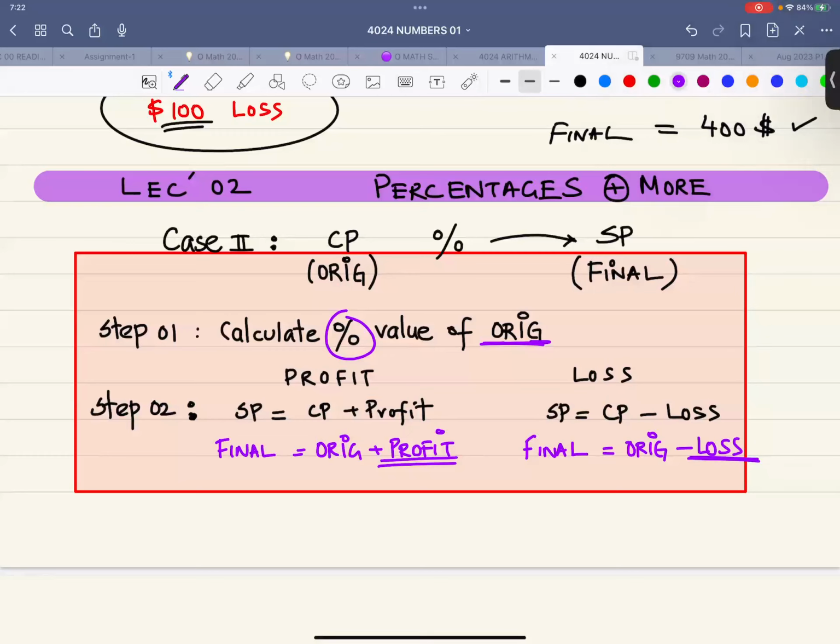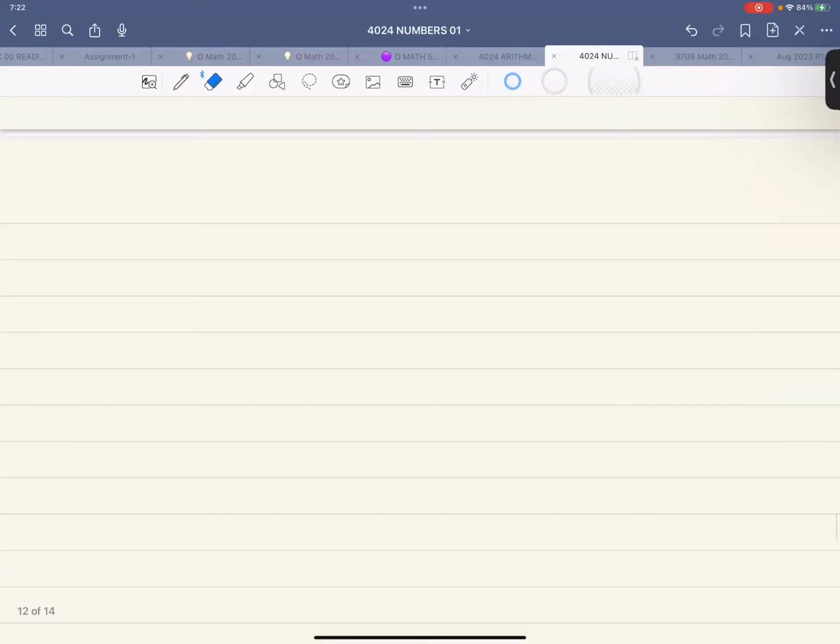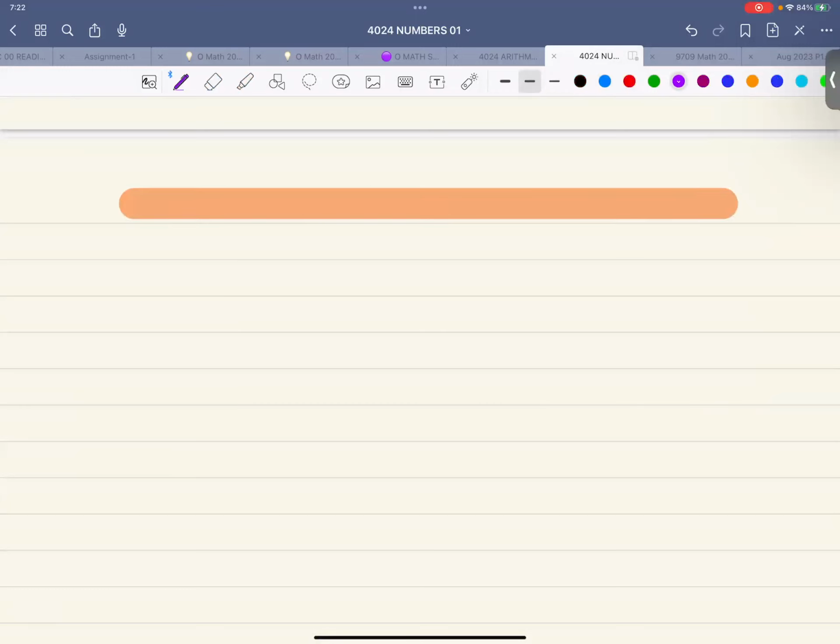Now, we have done case 2 using one method. Let's try case 2 once again using a new method. We are visiting case 2, in which the objective is to find the final price or final value, which is the same thing as the selling price.